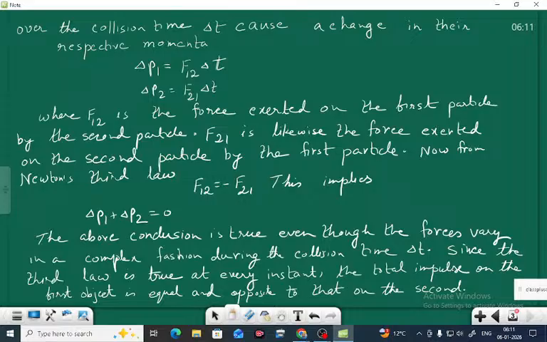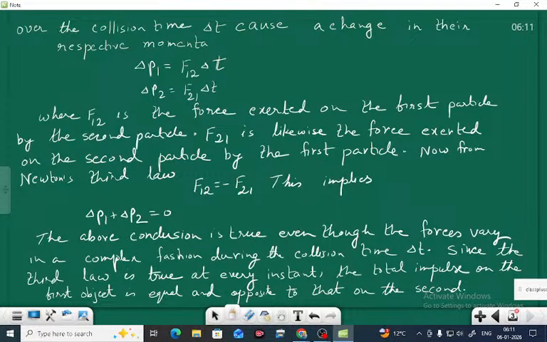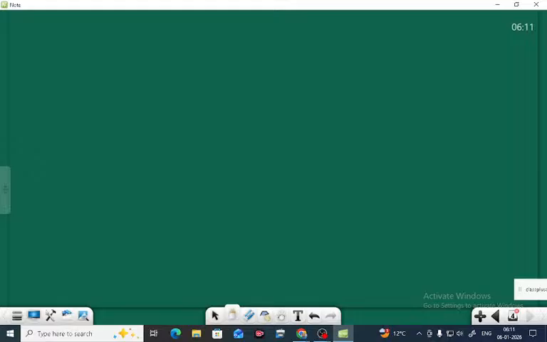On the other hand, the total kinetic energy of the system is not necessarily conserved.